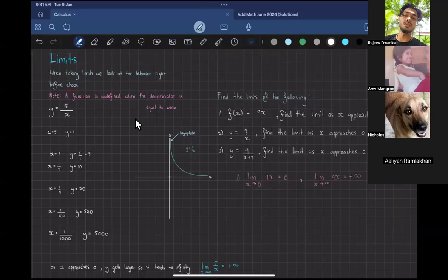Remember what I tell you: if you're saving 100s every day, it could take you plenty of days to make up your $3. Or if you were saving less money, it would take more time. So as you save less money, it takes longer to make $3, so it tends to infinity.